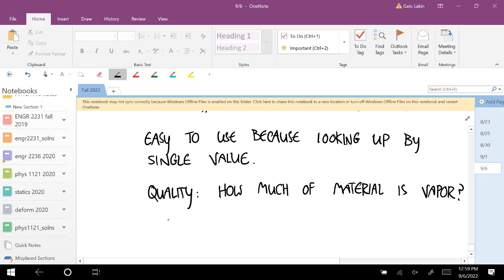So the quality, we'll use the letter X, and it is the mass that's in the vapor state divided by the total mass, which is the mass in vapor plus the mass in liquid.